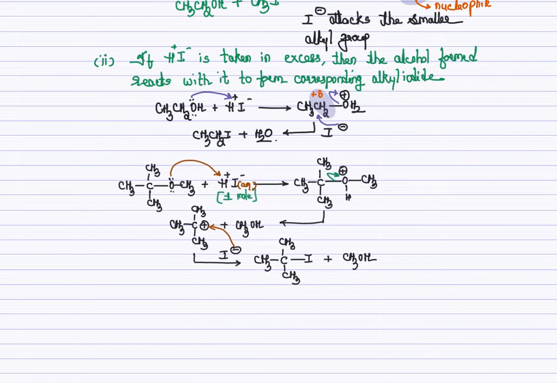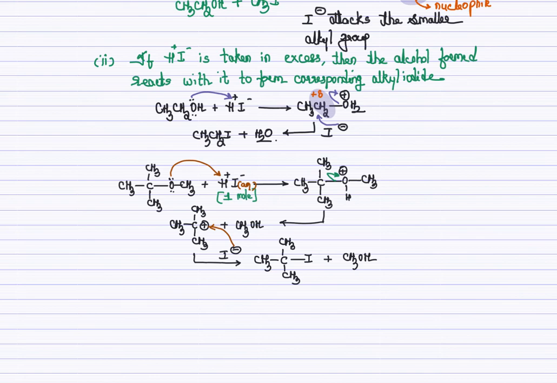All right. So now what do you understand from this example that we have taken? Generally, the bigger group becomes an alcohol and the smaller group becomes a halide. However, if the bigger group is a tertiary alkyl group, then the tertiary alkyl group becomes a halide and the smaller group becomes an alcohol.